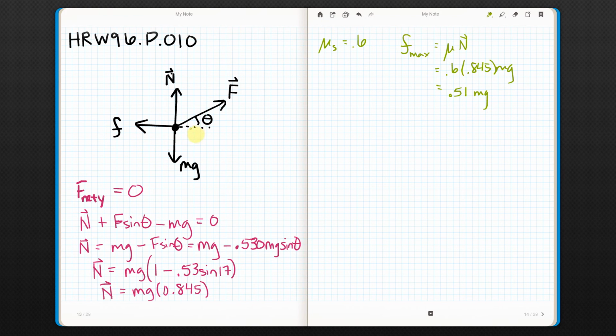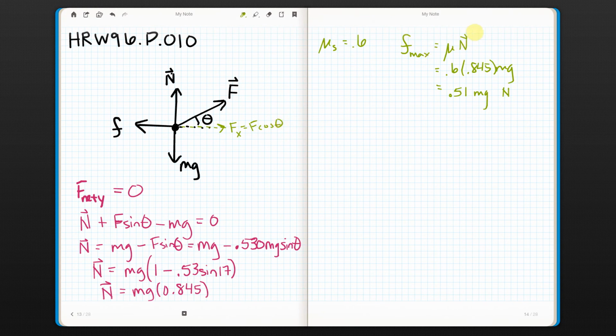Okay, now that is the maximum friction I can have. Let's see if the force I'm pulling with is enough to break that. By the way, this is in newtons. Well, in the x direction, I've got the x component of the force, so that's going to be F cosine theta.